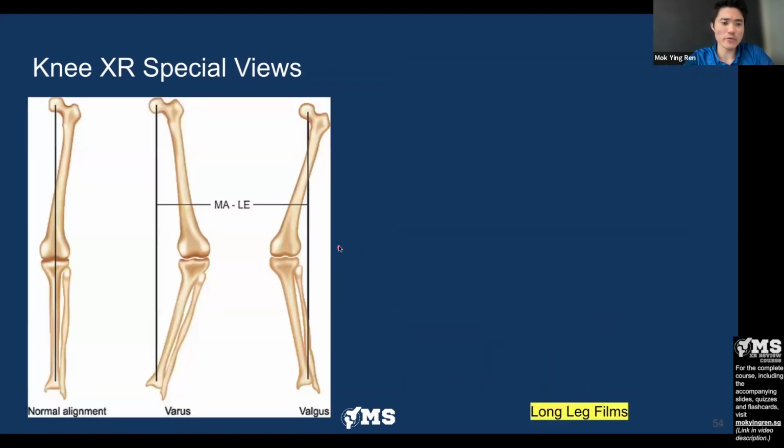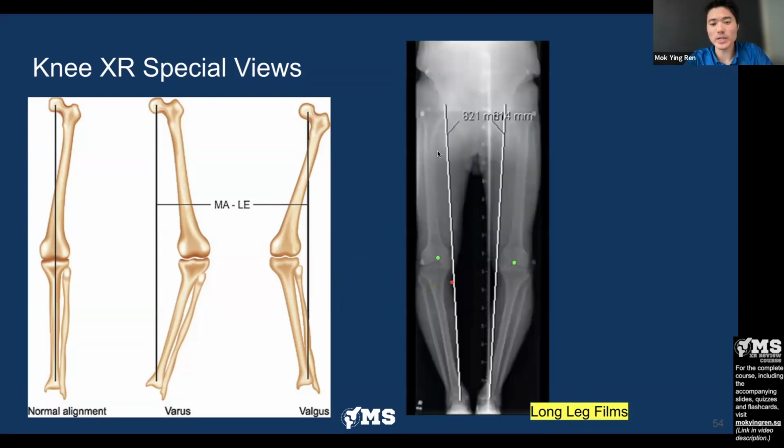Another special X-ray view would be a long leg film. A long leg film will help us to objectify the extent of varus or valgus deformity that you may also see clinically. Over here it is a long leg film, and what you need to learn to do is to look at the mechanical alignment. You draw a line from the center of the hip through the center of the ankle.